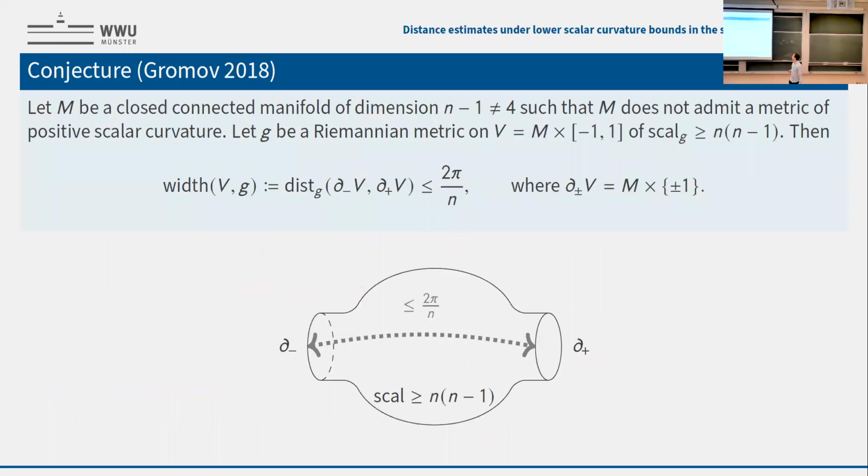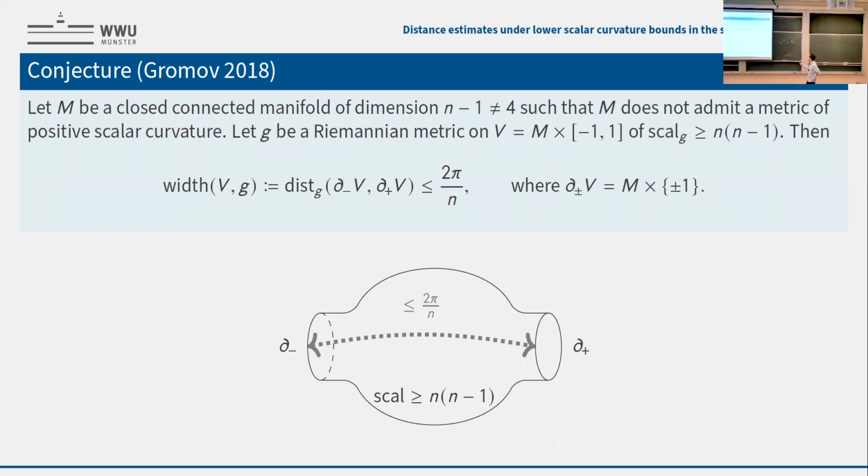Okay, so the conjecture is that now we're looking at some closed manifold, and there are some reasons I'm not going to go into. We want to exclude dimension 4 here, such that it does not admit a metric of positive scalar curvature. And then we look at Riemannian metrics on this cylinder here, so M cross some interval.